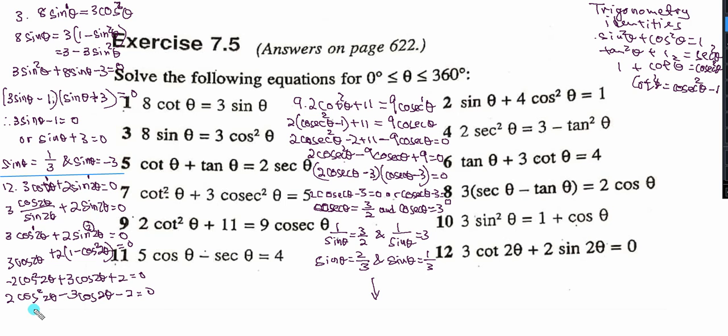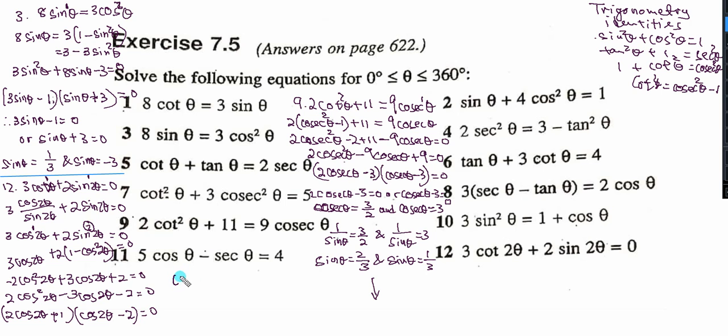Okay, now you have a quadratic equation. So you have to factorize: 2 cosine 2 theta, and then cosine 2 theta, minus 2 plus 1. So you factorize.